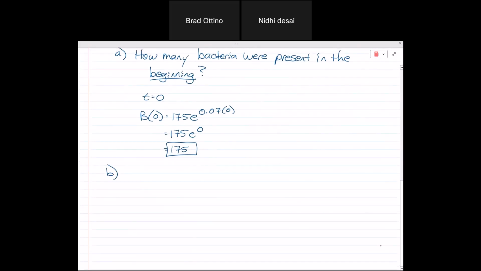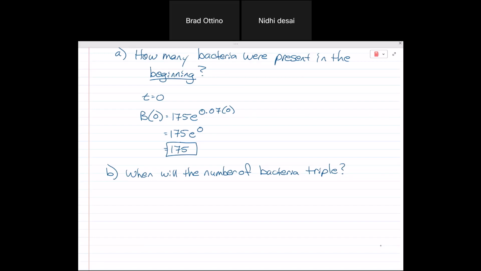For part B, it says, when will the number of bacteria triple? Well, this builds off the last part.